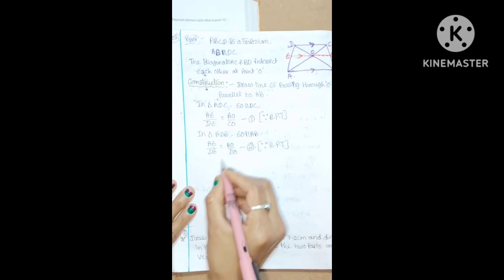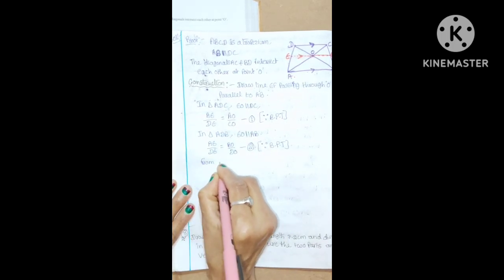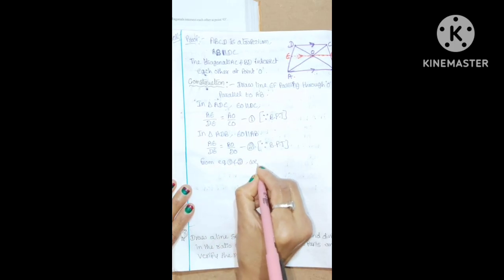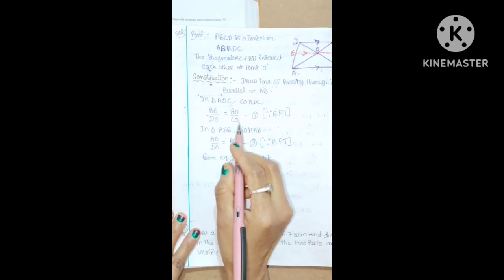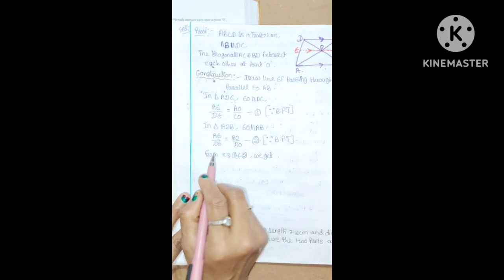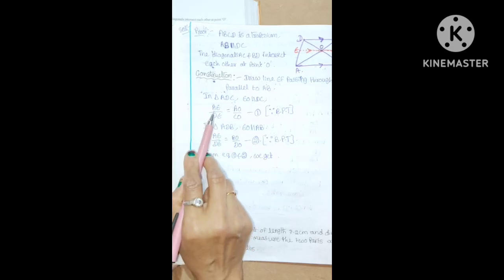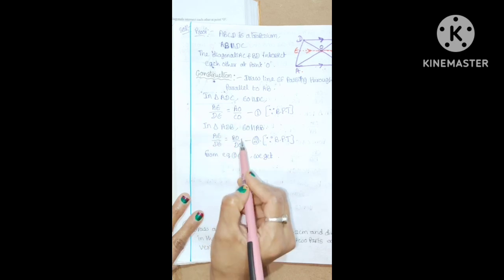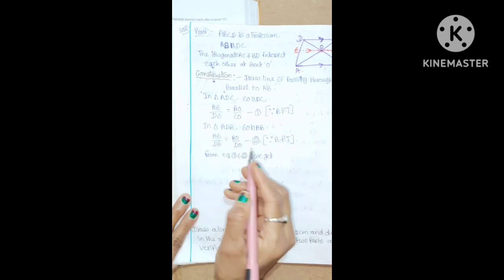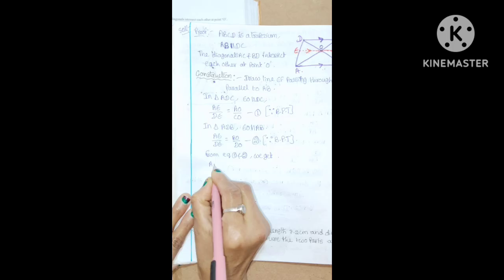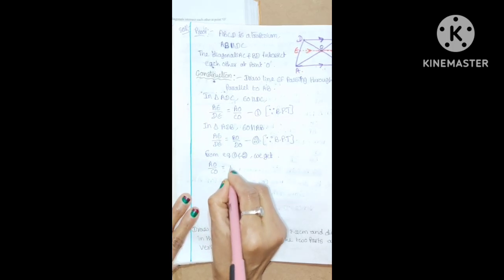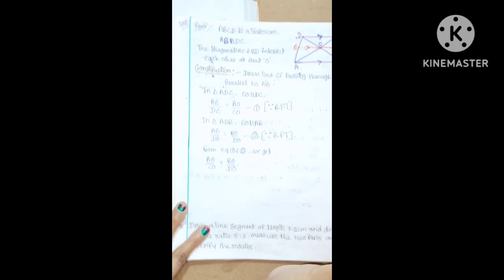Next, from equation number 1 and 2, look here. In 1 and 2, both LHS are equal. So the RHS are also equal. From equation number 1, the RHS is AO by CO, equal to the RHS of the second equation, BO by DO. Are you clear?